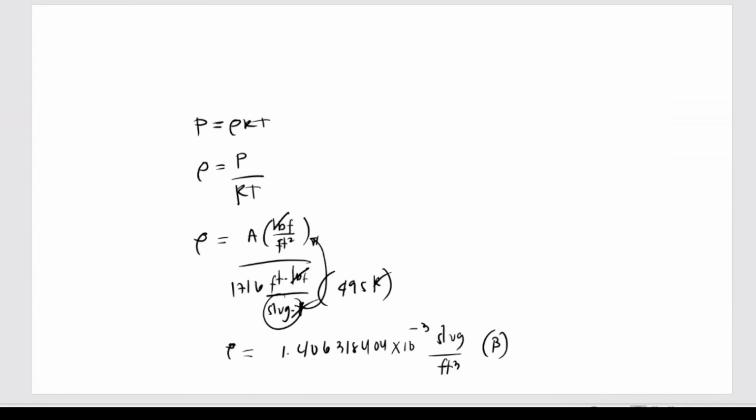Okay. Next, alam mo na yung density. So, next naman is magre-reverse engineering ka. Kailangan kasing makuha is H sub rho, which is the density altitude.